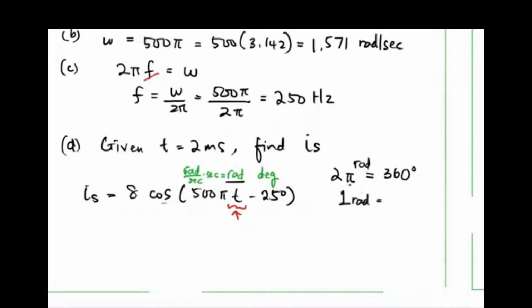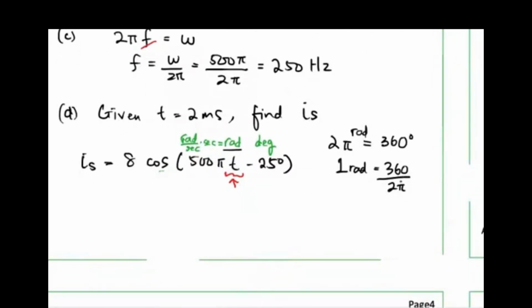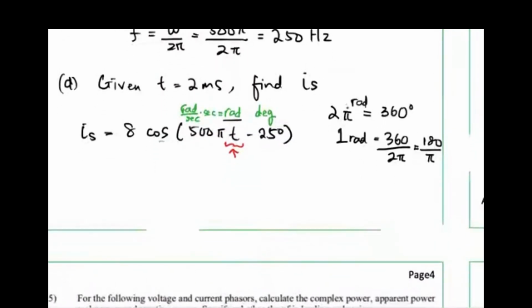To find 1 radian, you take both sides and divide by 2 pi, so you are left with, after simplifying, 180 over pi degree. So if you want to change any radian value, you just multiply by 180 over pi.